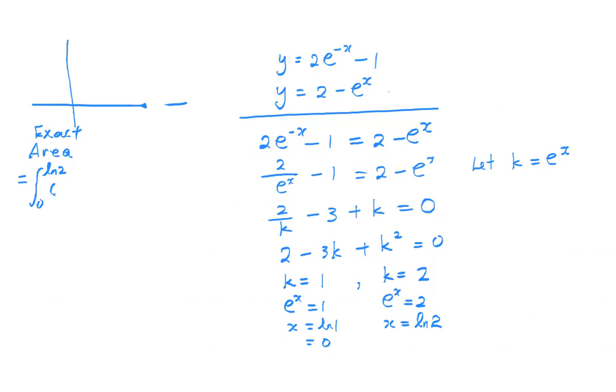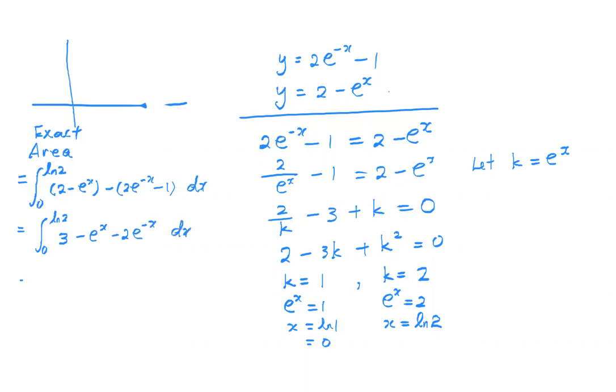So I write down 2 minus e to the power of x, take away 2e to the power of negative x minus 1, dx. I can simplify this first before I integrate. So this will be 0 to ln 2, 3 minus e to the power of x minus 2e to the power negative x, dx.